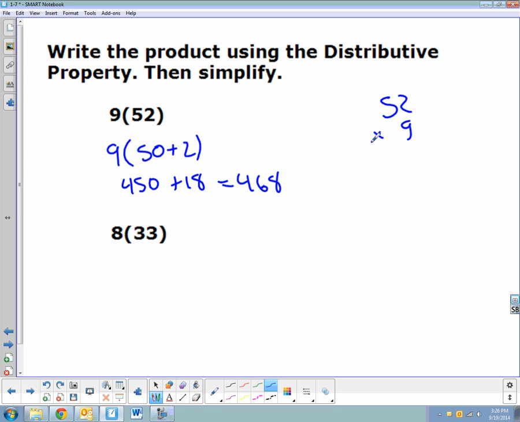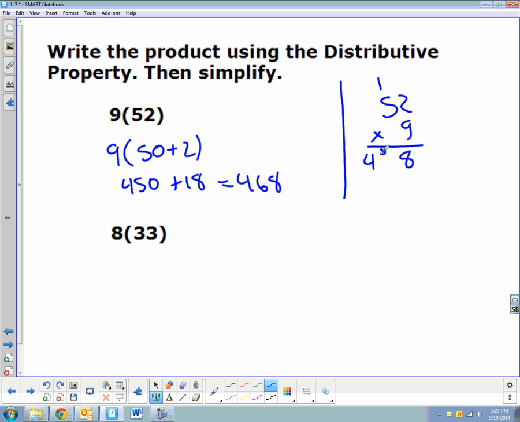Well, really, let's look at this. When you write it out 52 times 9, you're doing the exact same thing. You're doing 9 times 2 is 18. And that carrying the one thing, you're adding 1 to the tens place. 9 times 5 is 45. That's the 45 that we get.